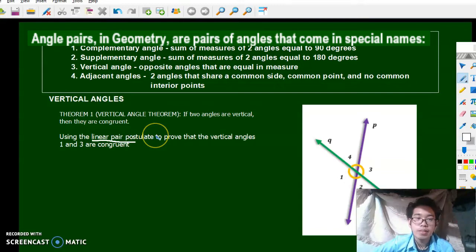The postulate says that any two angles that form a linear pair are supplementary angles, and they measure 180 degrees. So how do we do that?